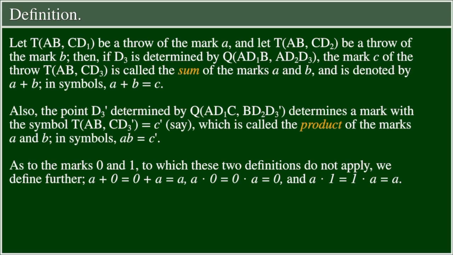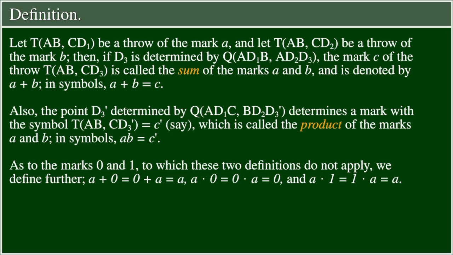Also the point D3' determined by Q(A D1 C, B D2 D3') determines a mark with the symbol T(AB, CD3') equal to c', say, which is called the product of the marks a and b. In symbols, ab is equal to c'.